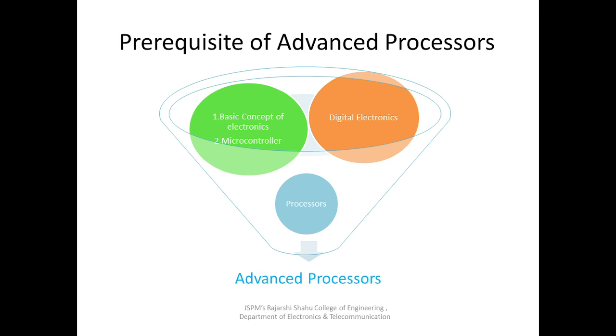Now to understand this processor we need to go through these two basics. As we are aware, these are the two basic fields to understand processors and controllers. So it is a combination of processor and controller.